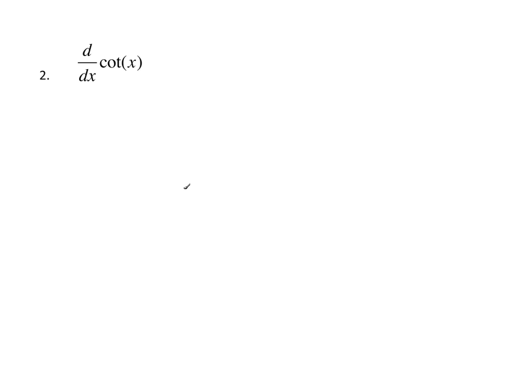Now, cotangent, we're going to do the exact same thing with. I need to rewrite this as d dx. Cotangent is 1 over tangent. That gives me cosine x over sine of x. So the derivative of cosine is negative sine.